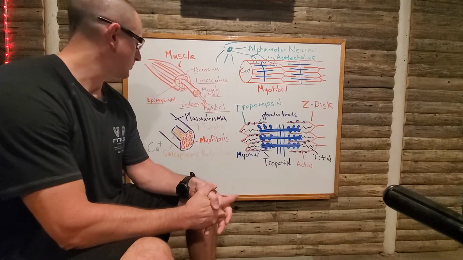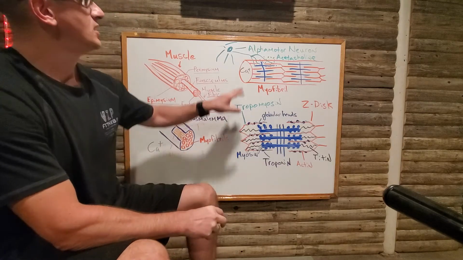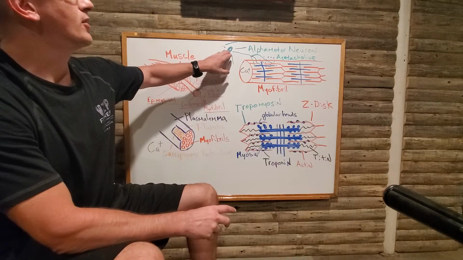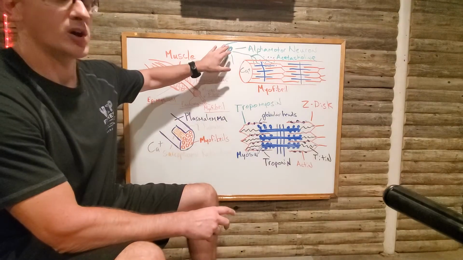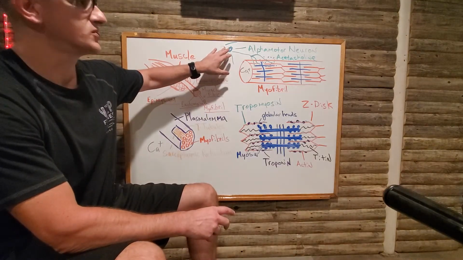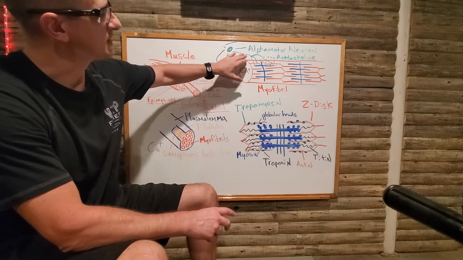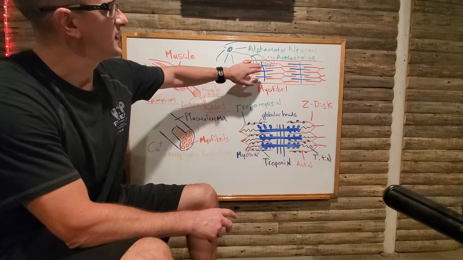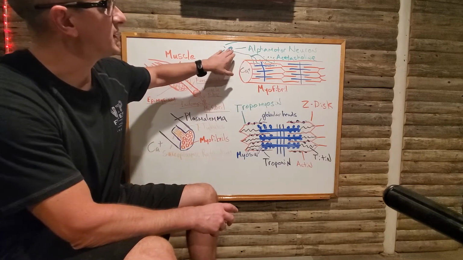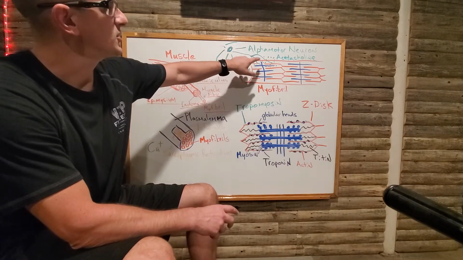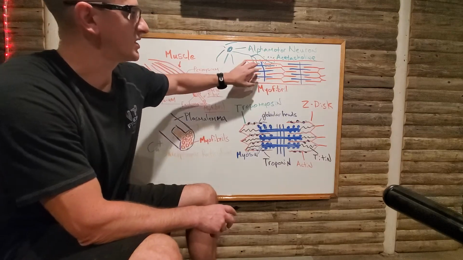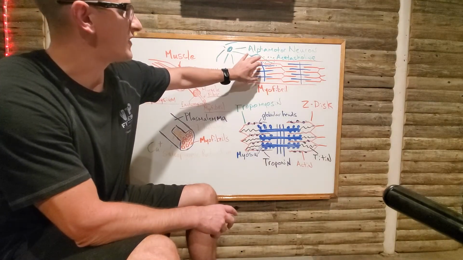The way that muscle moves is through an alpha motor neuron, which is basically a neuron that gets activated to do some kind of muscular work, and it sends a signal to this myofibril here. And from the motor neuron, acetylcholine gets released into the myofibril.